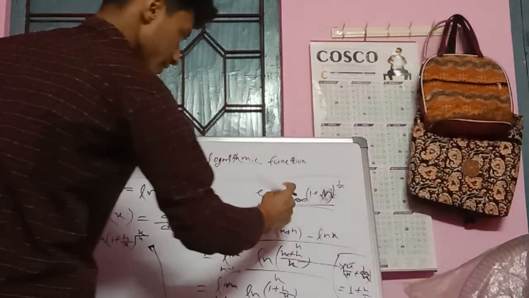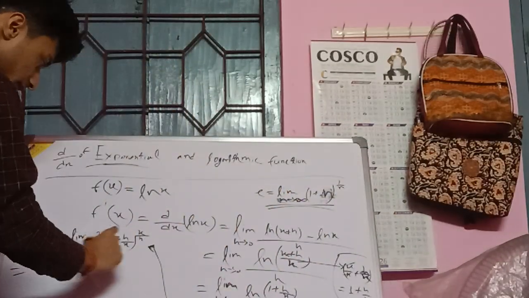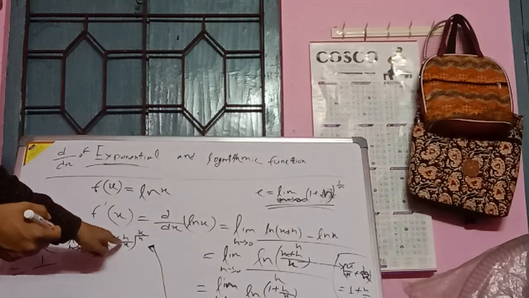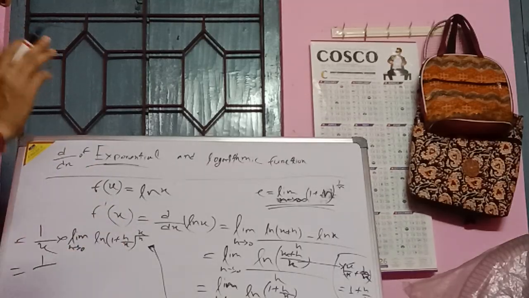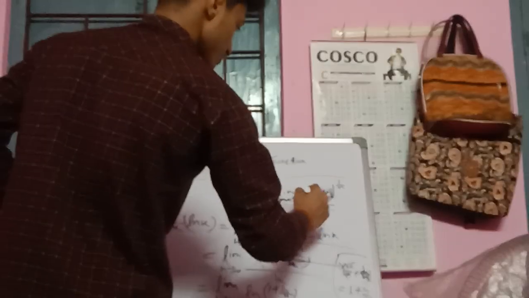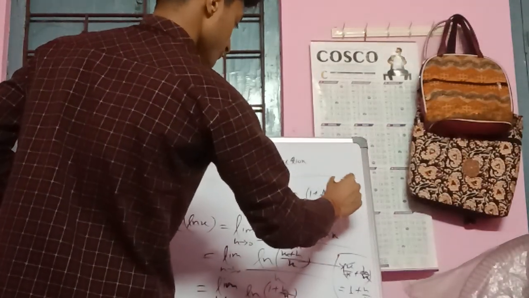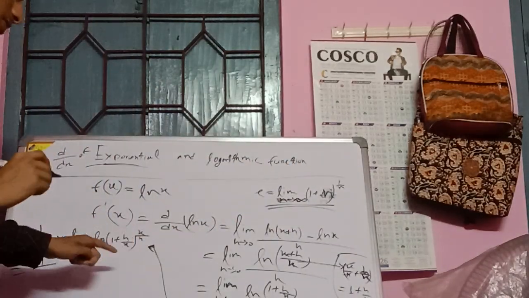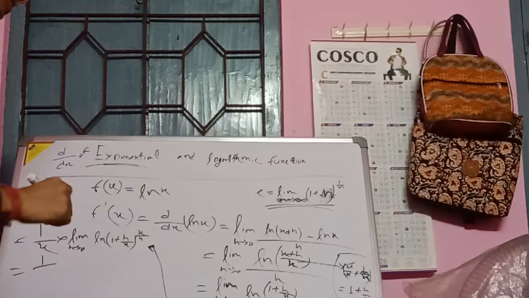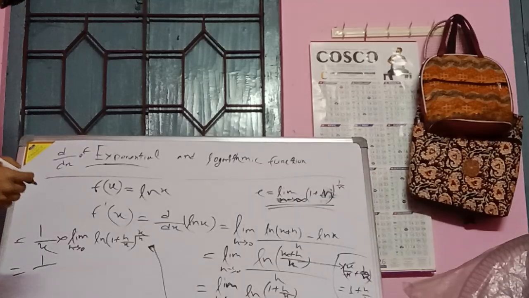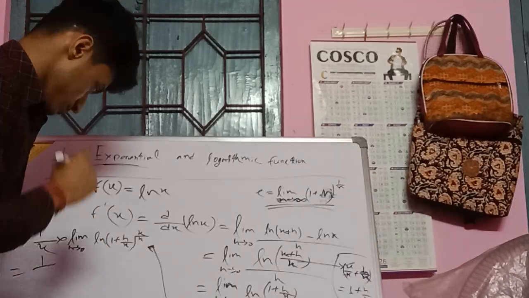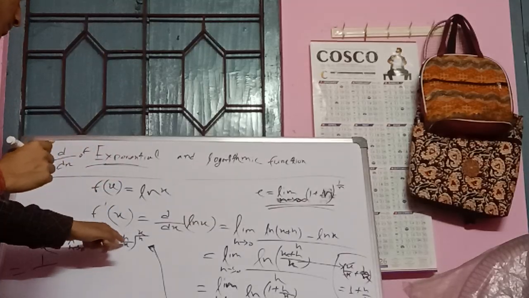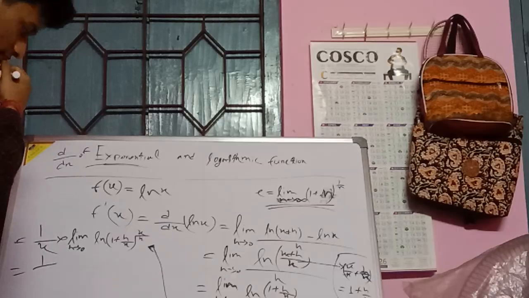So here n goes to infinity, and if n goes to infinity, then 1 by n goes to 0. I'm making a mistake here.